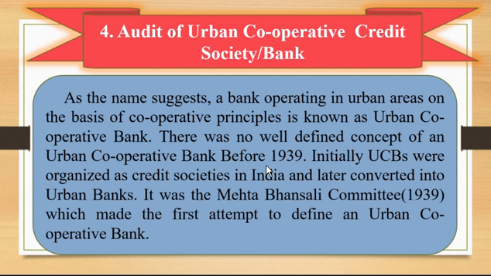Subsequently, in 1966, when banking laws were made applicable to cooperative banks, the provision of Section 5 of the Banking Regulation Act 1949 defined an urban cooperative bank as a primary cooperative bank other than a primary agricultural credit society.